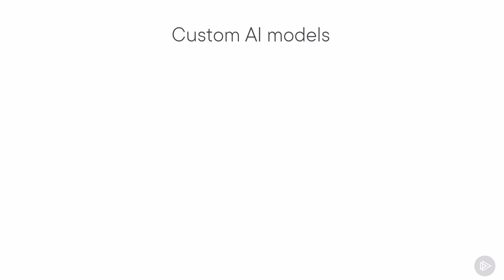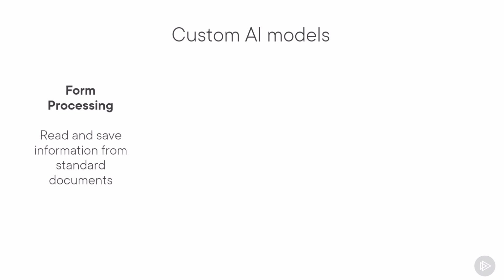We also have 4 types of custom AI models, which are basically a bit generic and they need you to train them for a specific task with your specific content. We have a form processing model, which allows you to read documents and process and save important information from that document.